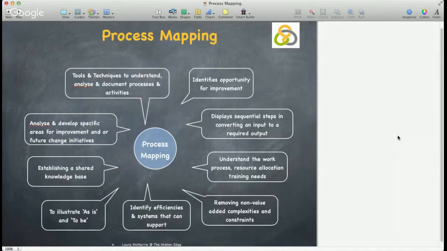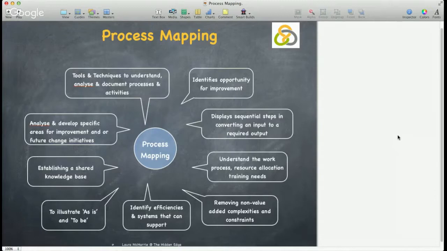It helps you understand the work process, the resource allocation, and any training needs. It helps you identify the removal of non-value added complexities and constraints. It helps identify efficiencies and systems that can support the process.